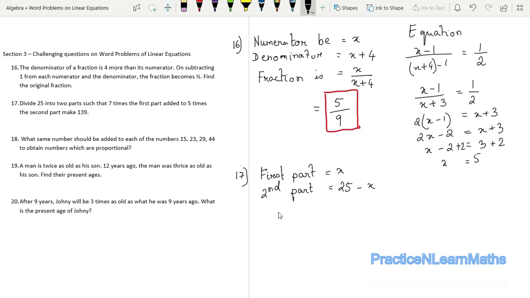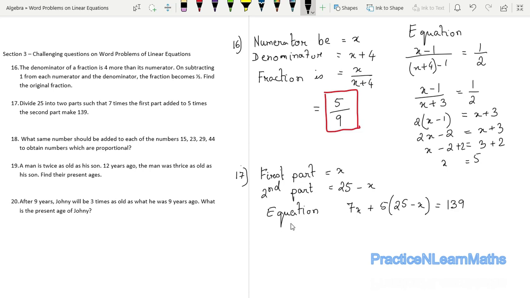Now the equation is 7x plus 5 times 25 minus x is equal to 139.